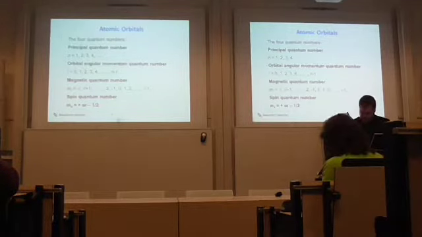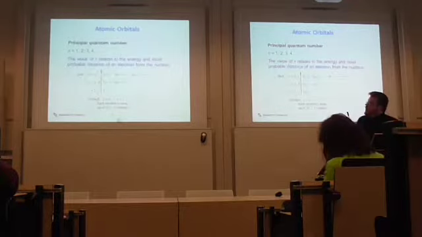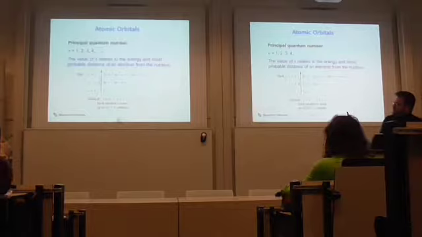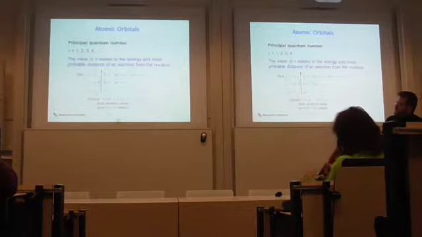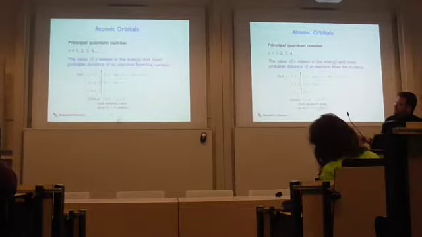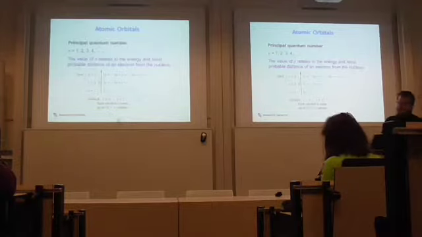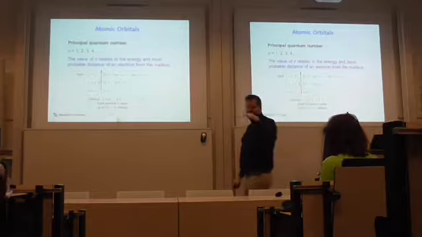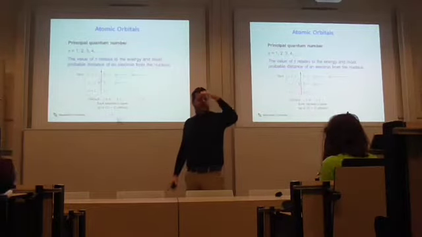So let's go over these quantum numbers. The principal quantum number, as I said, n, 1, 2, 3, up until infinity, relates to the energy and the most probable distance of the electron from the nucleus. What that basically means is it's the principal energy level, 1, 2, 3, and so on.